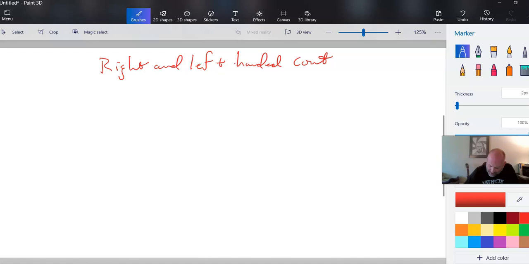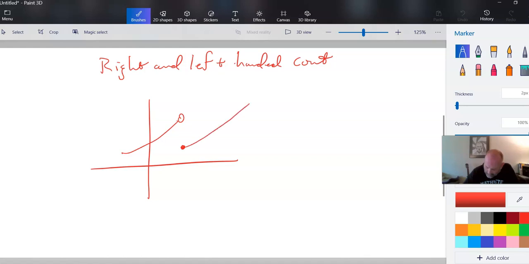These types of things basically happen when you have some kind of jump discontinuity where you have something that does this, right? Where you have a hole here. So let's say that's our function. I'll call it f. If I look at the limit of f of x, and let's go ahead and call this c, we want to look at the limit of f of x as x approaches c from the left.